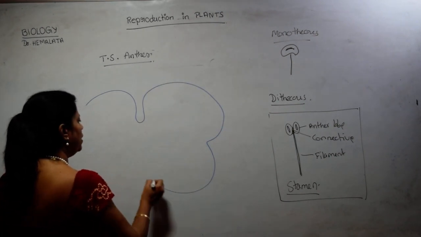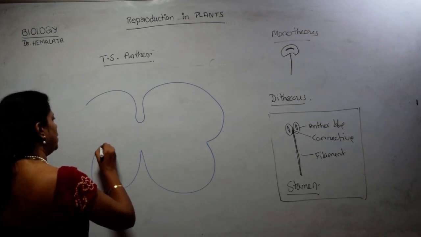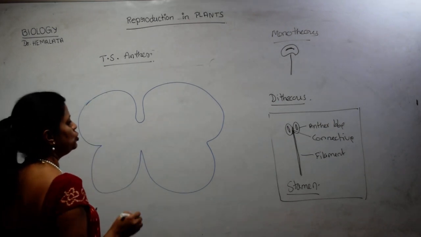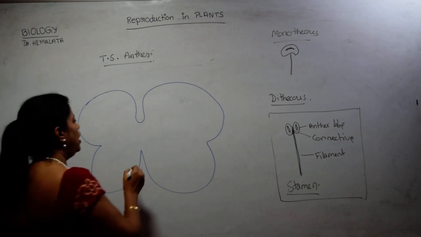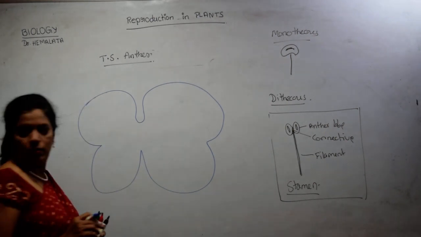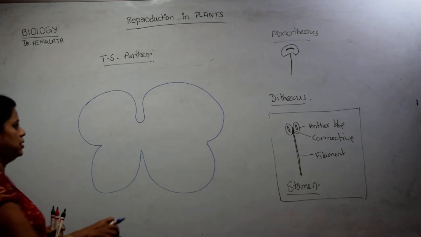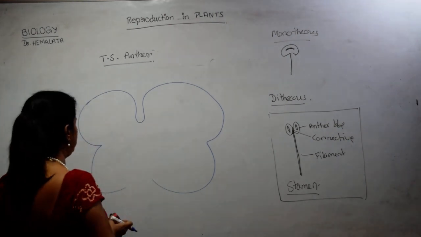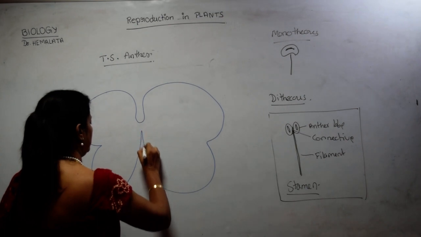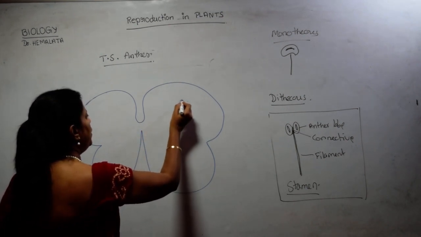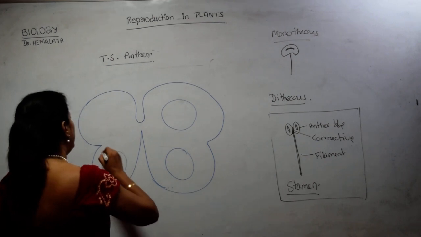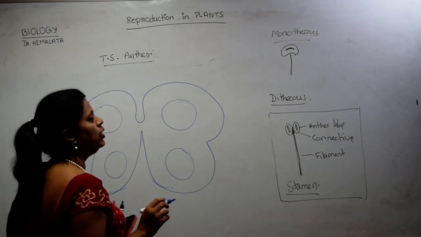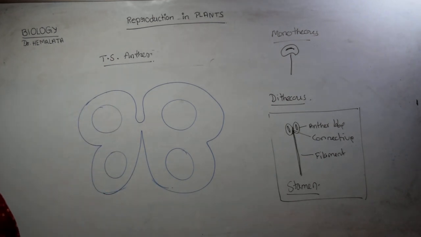This is one, like this, two anther lobes I am drawing. And here these are possessing 4 pollen chambers. Here is one pollen chamber, here is another pollen chamber, one more pollen chamber, one more pollen chamber. 4 pollen chambers. You just learn how to draw it.